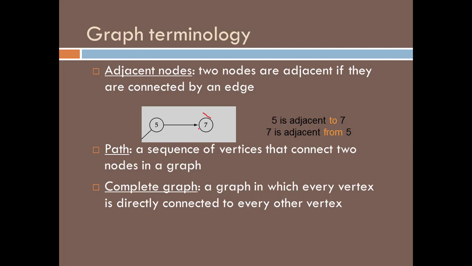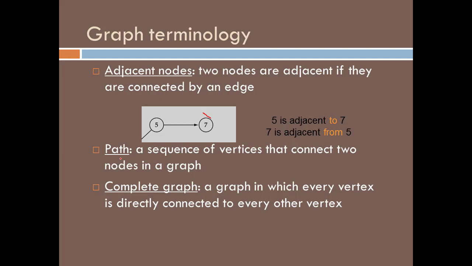Okay, if it were an undirected graph, then we could say that 5 is adjacent to 7 and also 7 is adjacent to 5. But in this case it is a one-way direction, so we can only say 5 is adjacent to 7, but the reverse is not true.